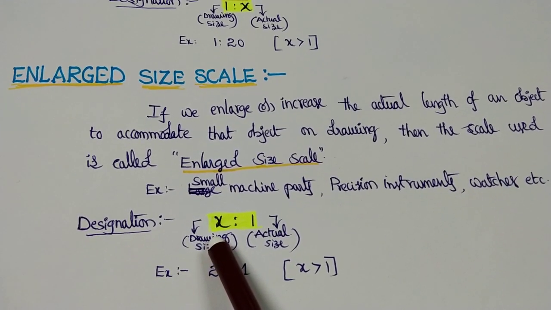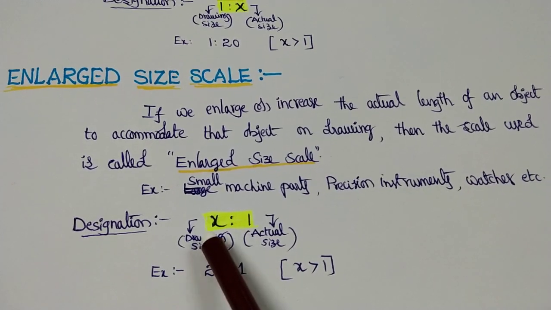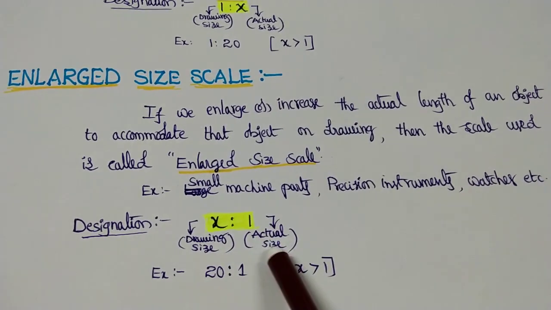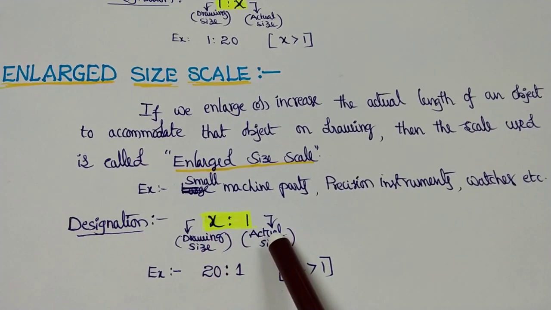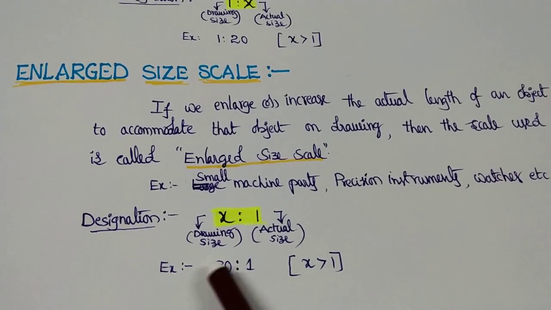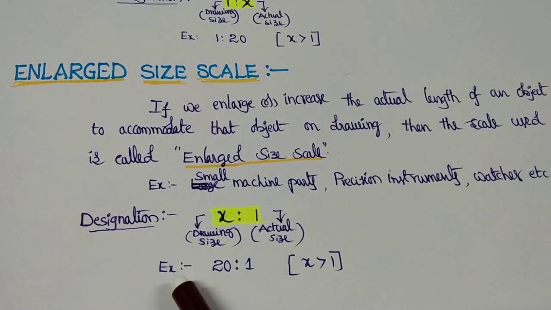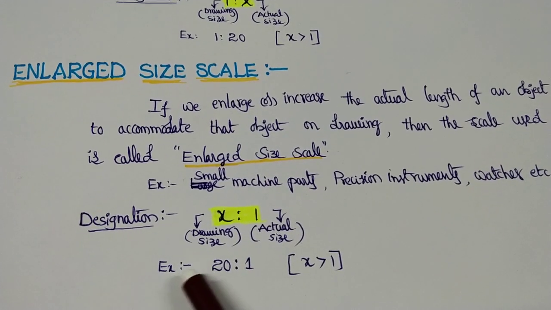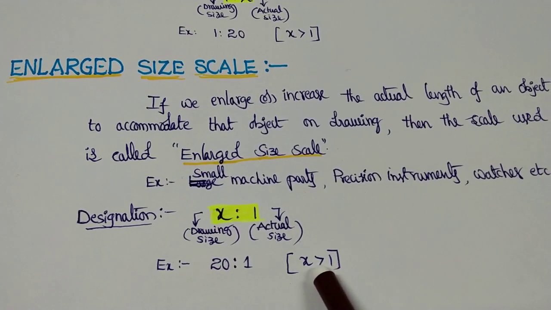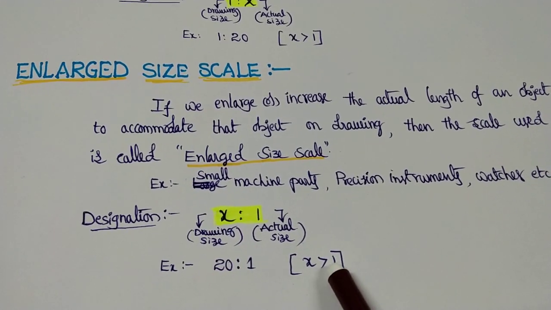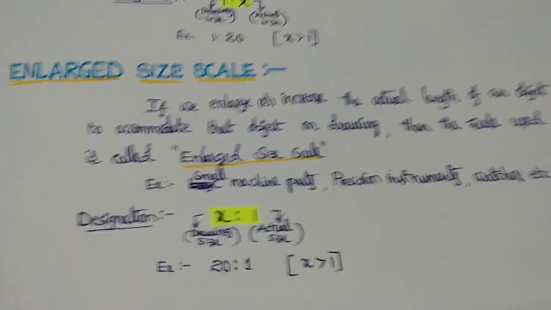As we discussed in the previous scale, x is always greater than 1, and the actual size is 1. Here I have written an example, that is 20:1. Similarly, here x is greater than 1.